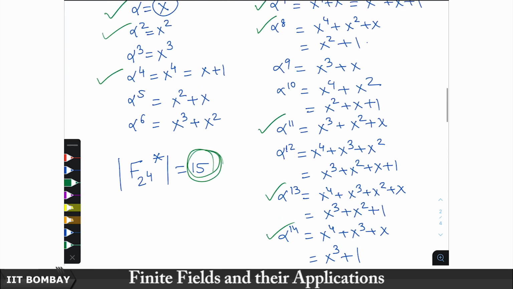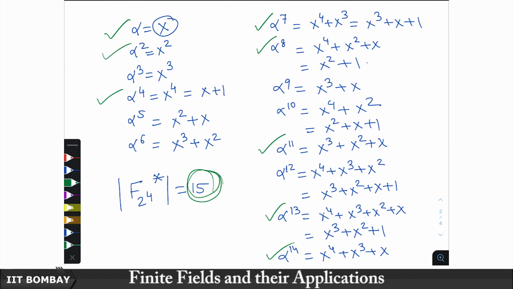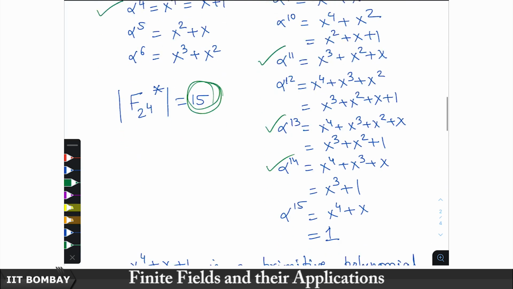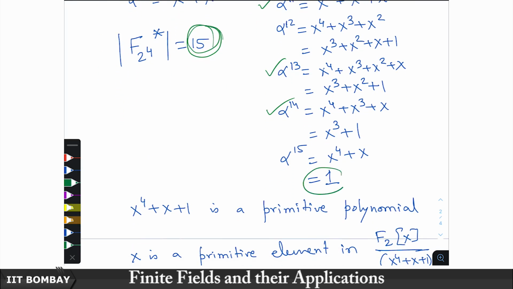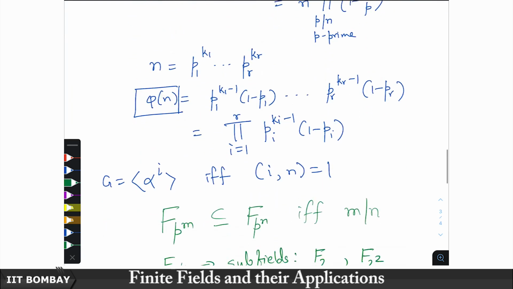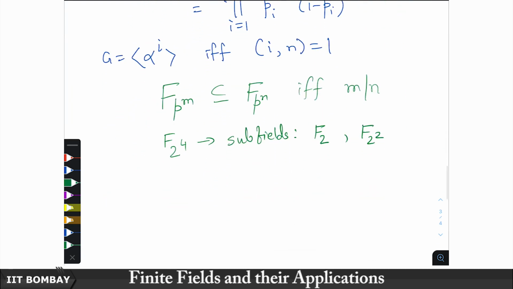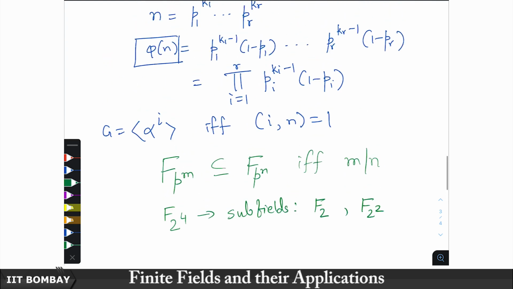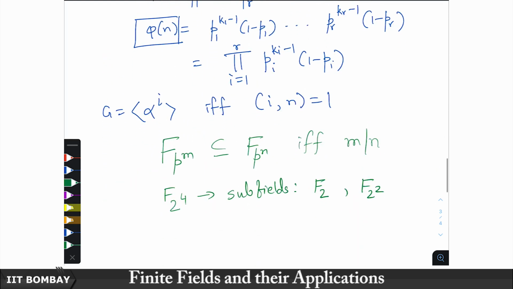First of all, for F2 it is very simple, we see that there is only one non-zero element, that is 1. So, that is alpha power 15, which is 1. So, 1 and 0. So, for F2 power 2 now there are 4 elements, 1 is 0, the other 3 are non-zero elements.